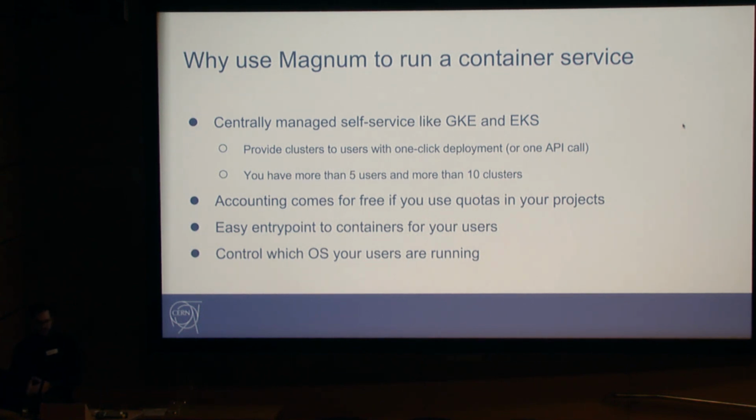It is worth following that path only if you have more than 5 users and more than 10 clusters. If you have 5 or 10 clusters, you just manage them by yourself. And also, if you have an OpenStack cloud, you might want to use Magnum because accounting comes for free.